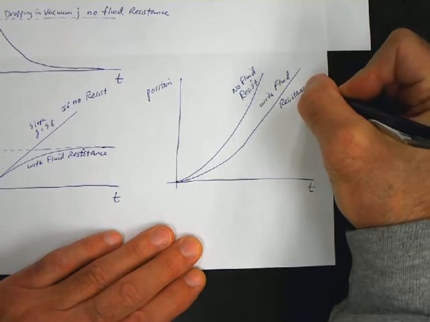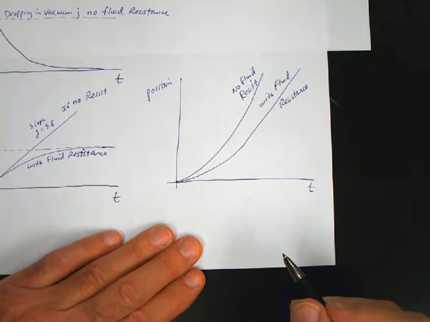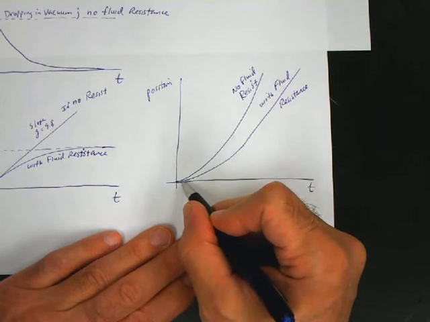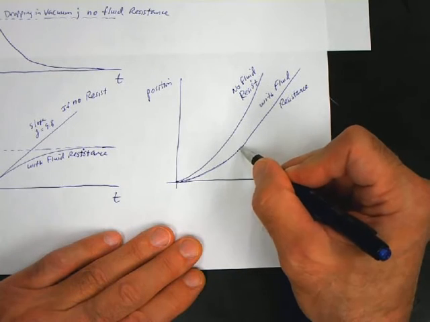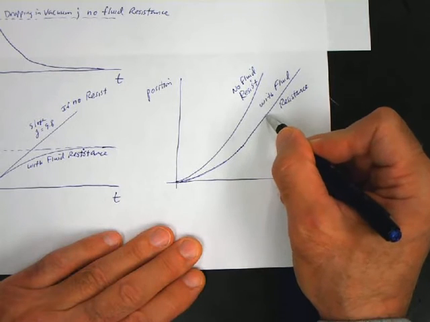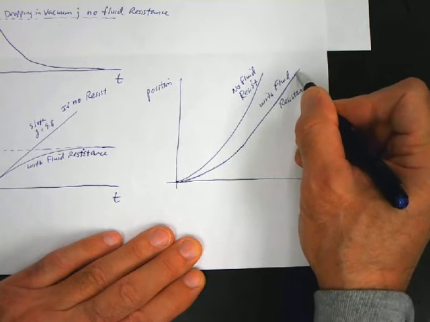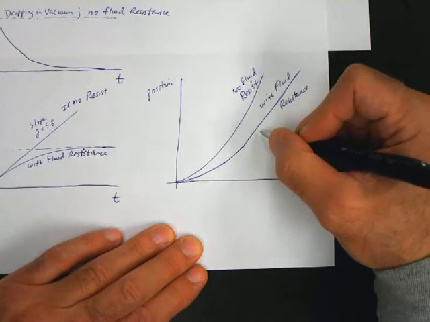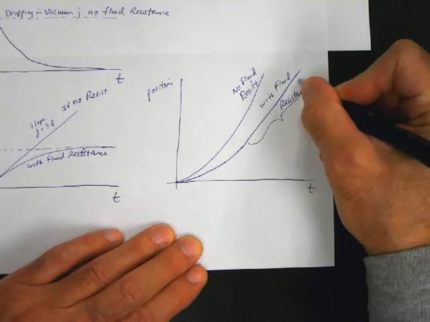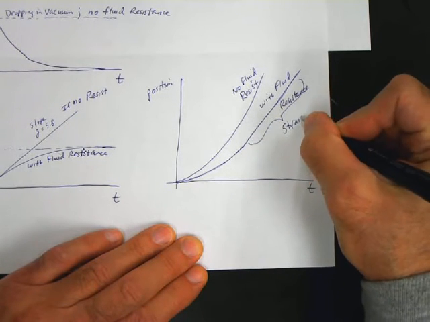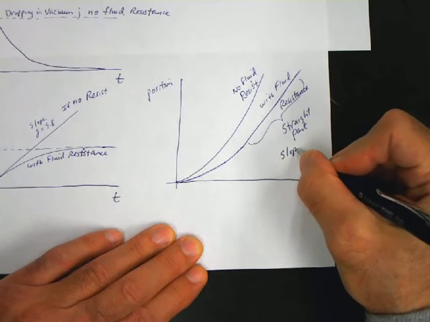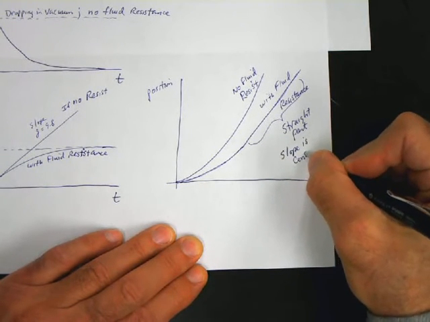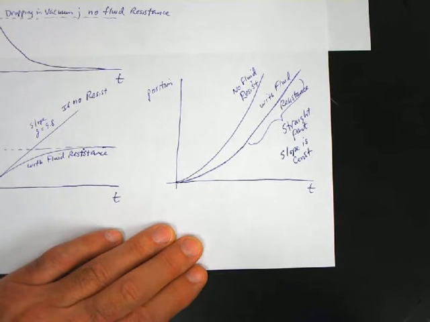Can you see why that would be? Here it's fairly curvy, but then after a while it just becomes straight, which means what? If this is the straight part, what does that mean? That means the slope is constant. And what is a constant slope for a position time graph?